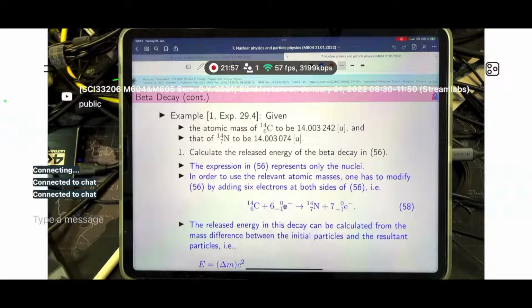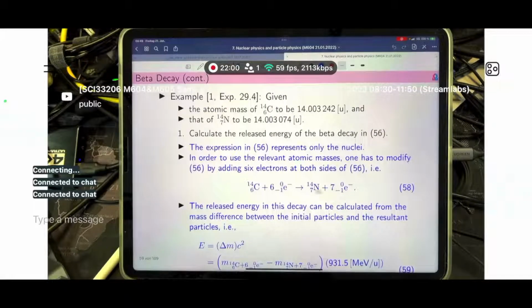You could see that the output has mainly the nucleus of the nitrogen 14, and carbon has more mass, which means the mass is reduced, the mass disappears. The mass on the left hand side, the input, is greater than the mass in the output. So there will be mass loss, or mass deficit, you can say.